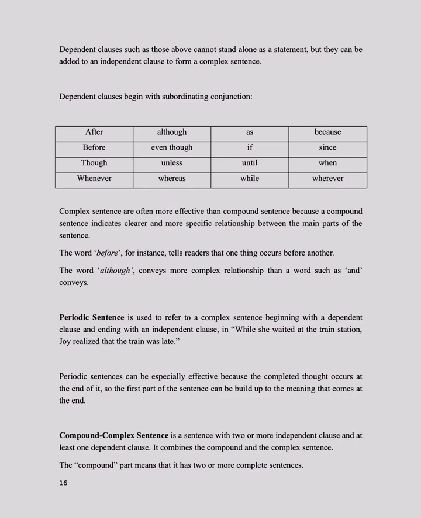A compound-complex sentence is a sentence with two or more independent clauses and at least one dependent clause. It combines the compound and the complex sentence. The compound part means that it has two or more complete sentences.